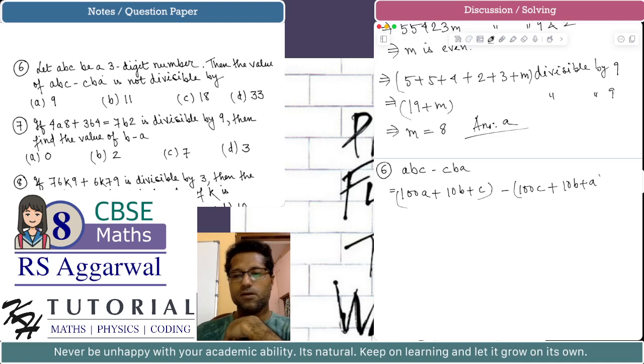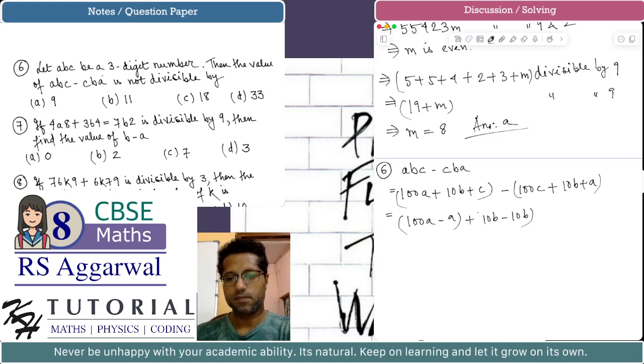So if we open the brackets and combine the similar terms, we get 100A minus A, plus 10B minus 10B, and C minus 100C.